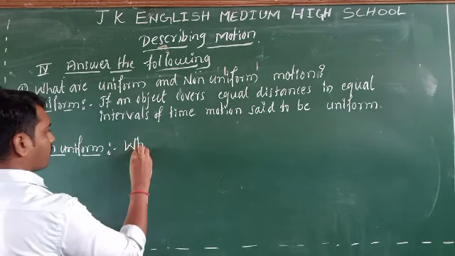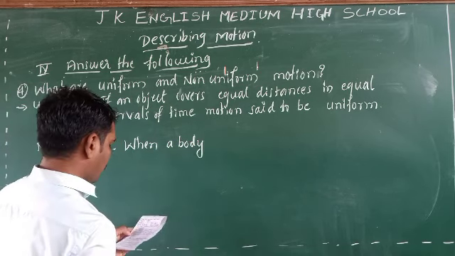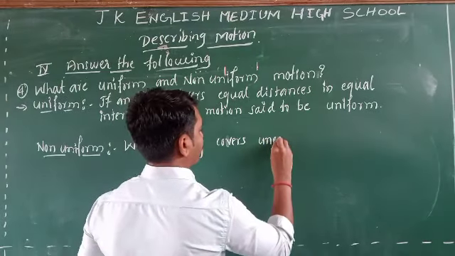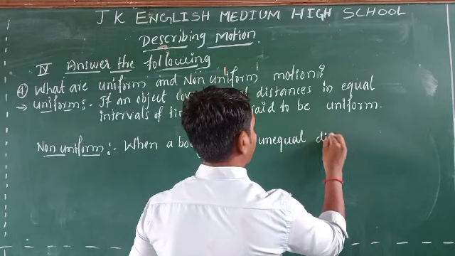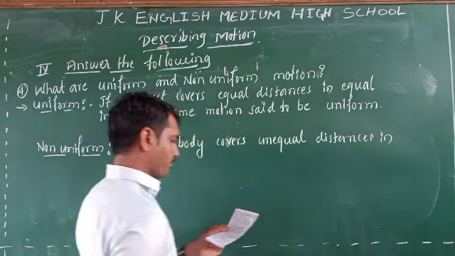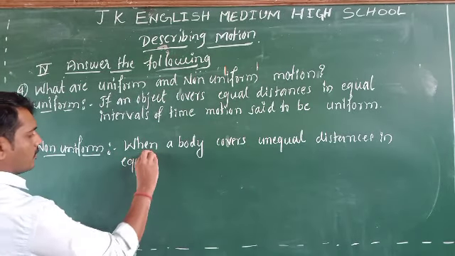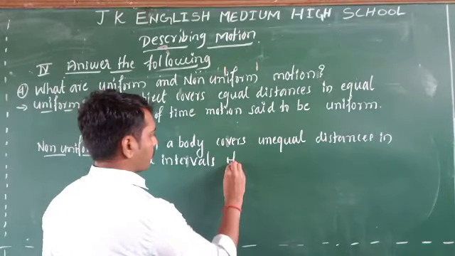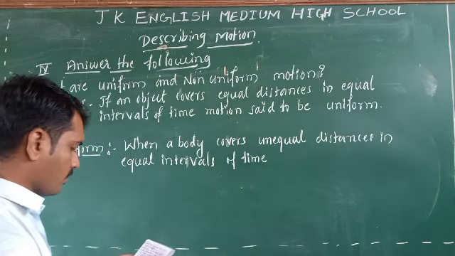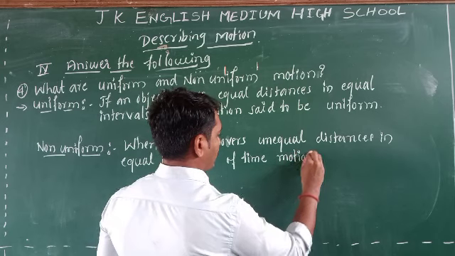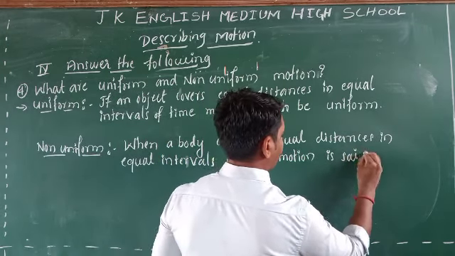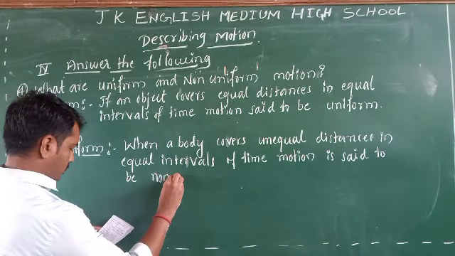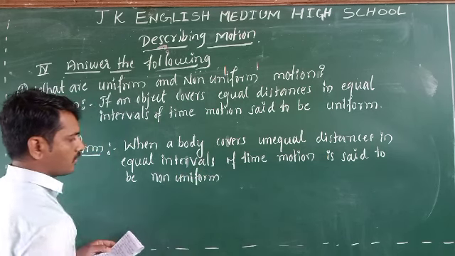Second one, non-uniform motion. When a body covers unequal distances in equal intervals of time, motion is said to be non-uniform motion.